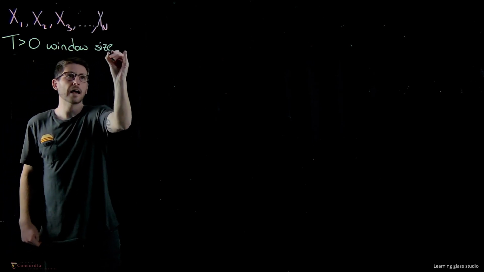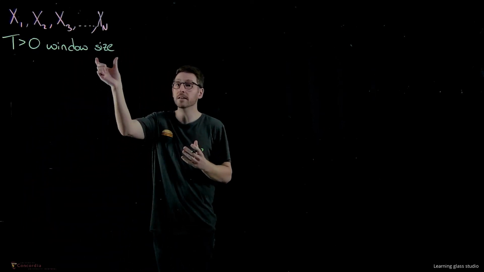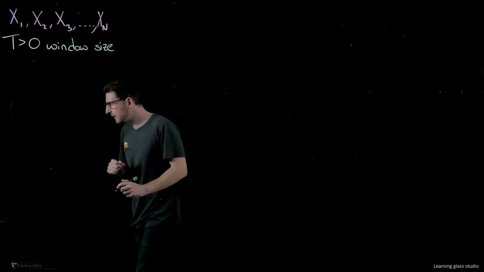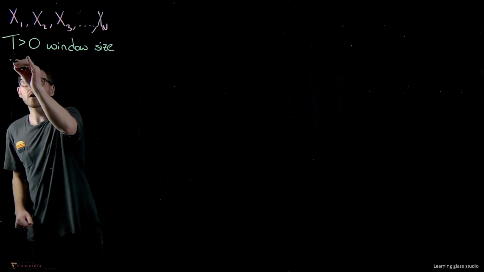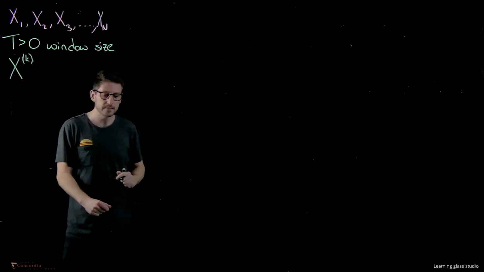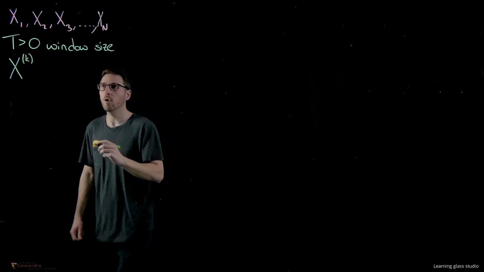And as this probably sounds to you, I'm going to fragment the data into smaller snapshot windows. And I'm going to introduce this large data matrix. I'll call it X, and I'll put in brackets k here. This is meant to represent the kth window.